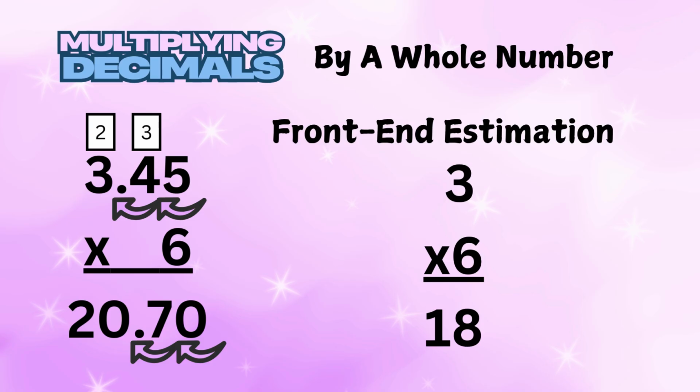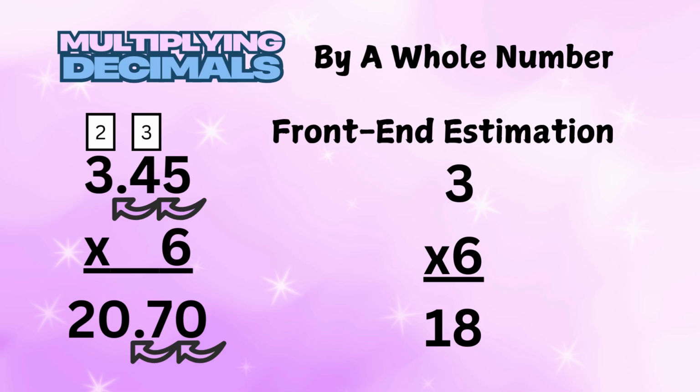Now that I have finished multiplying, I have 2,070 as my answer. But I need to remember to add in the decimal. I know in the question there were 2 decimal places, so I need to include 2 decimal places in my answer. Starting at the right, moving in 2 decimal places, I will be left with an answer of 20.7.